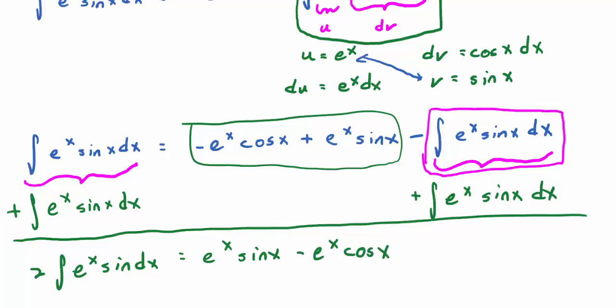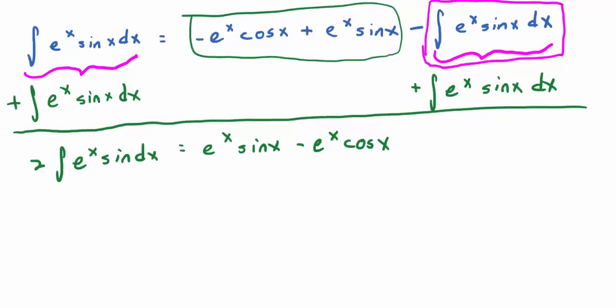Yeah. And then finally, remember what I'm trying to do. I'm trying to find the value of the integral of e to the x sine x dx. So what could I do to find it? Divide by 2 or multiply through by a half, same thing.